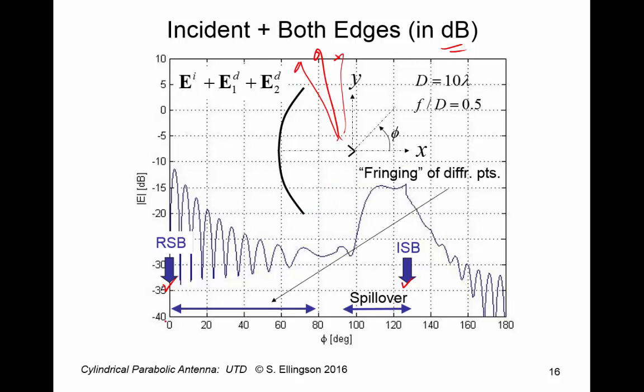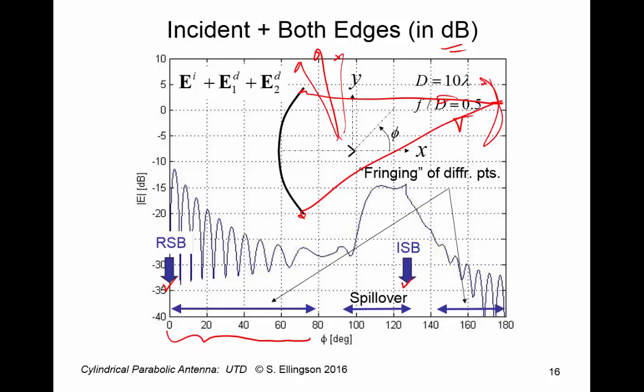Over here, we see fringing of the two diffraction points. That's these two things going in and out of phase with each other as we move in angle back and forth. And then over here, we see a side lobe pattern because the diffraction points here are going in and out of phase with each other behind the reflector.